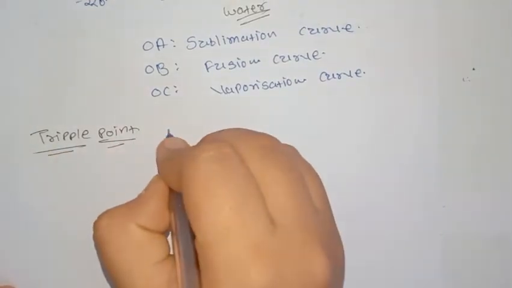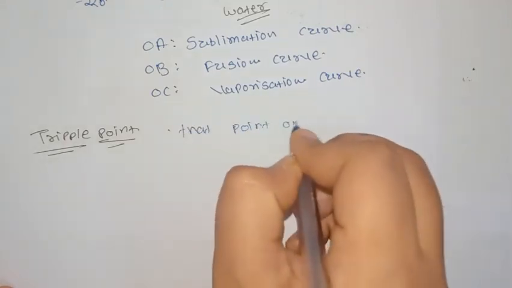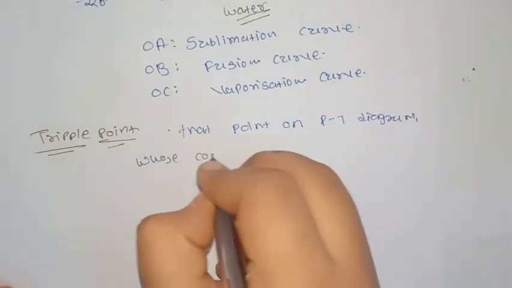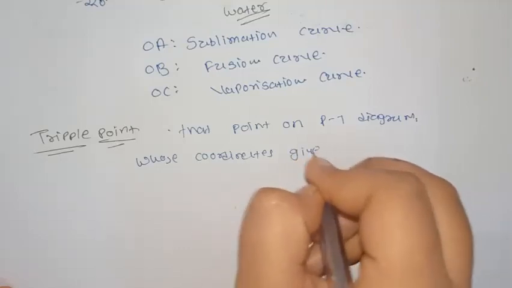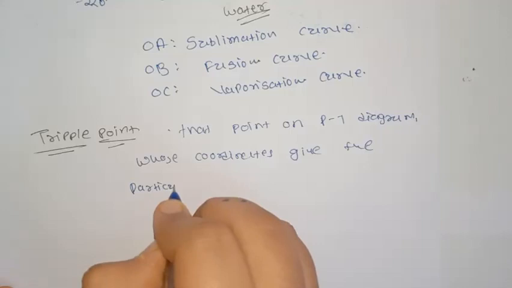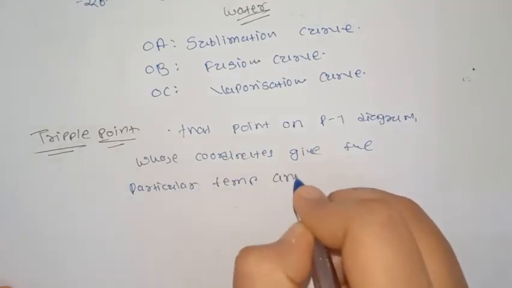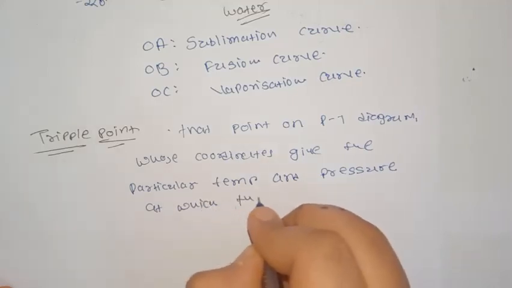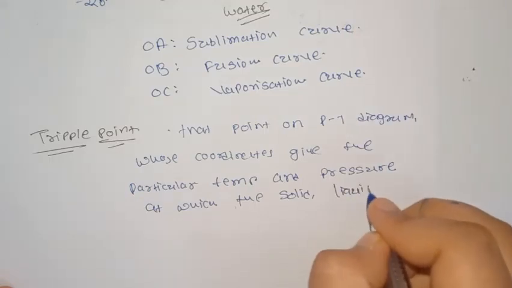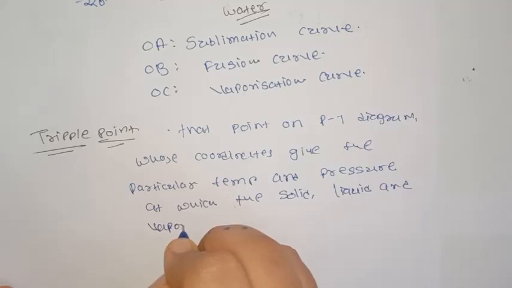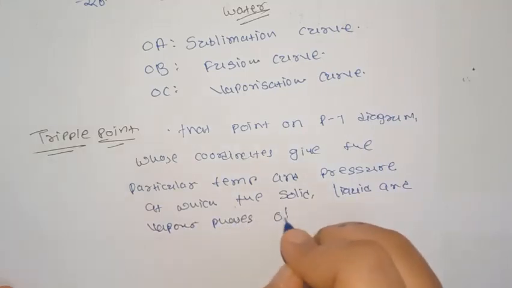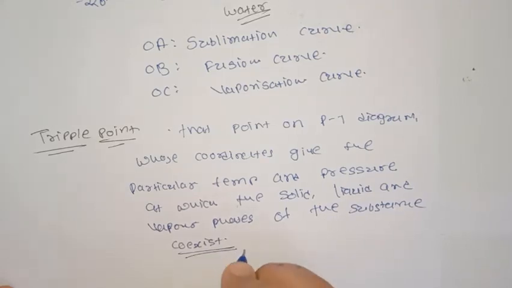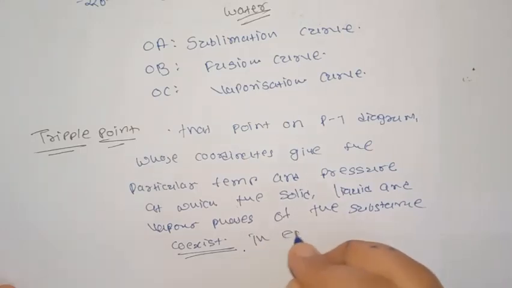The triple point of a substance is that point on the PT diagram or phase diagram whose coordinates give the particular temperature and pressure at which the solid, liquid, and vapor phases of the substance coexist. But they should coexist in equilibrium.